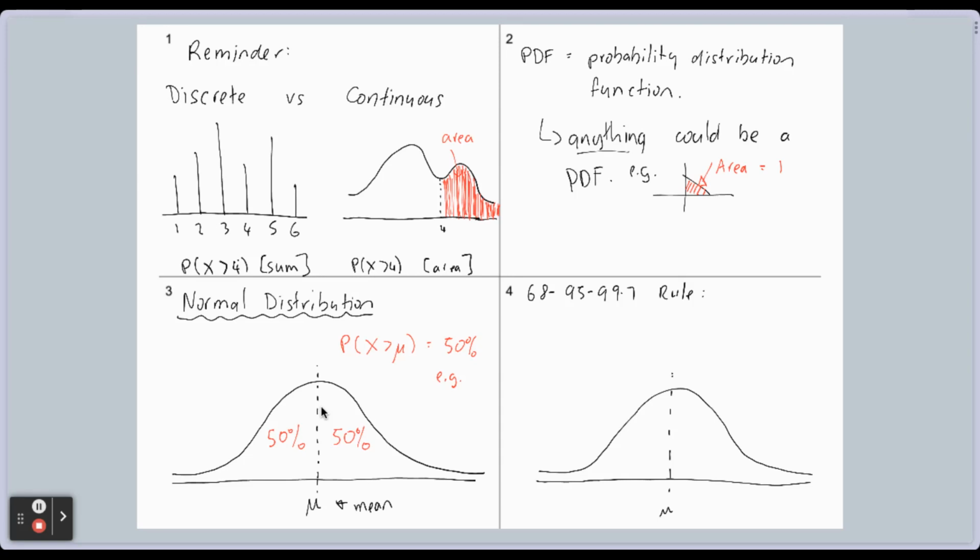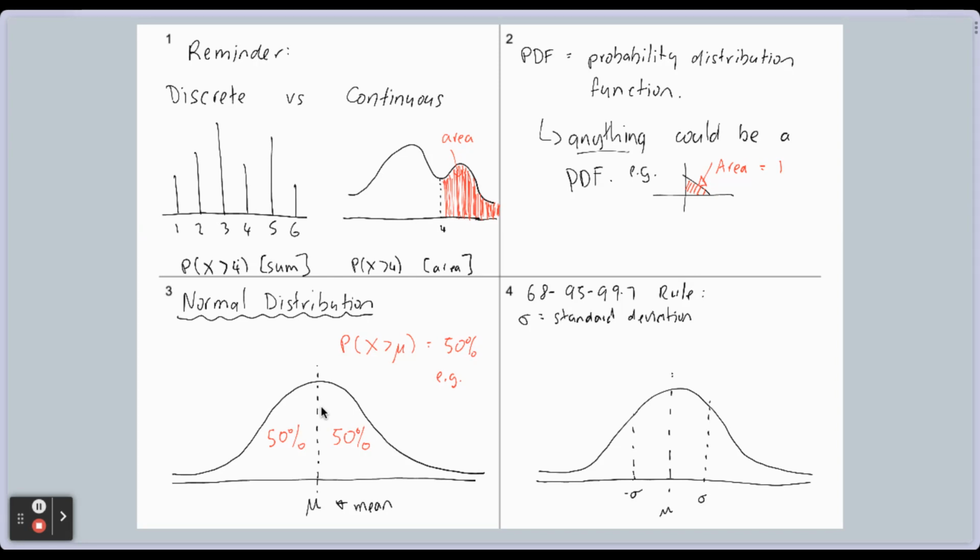If we look at the distribution one standard deviation away, so that means plus or minus sigma, and I'll just remember that sigma equals standard deviation, if you can't remember that.